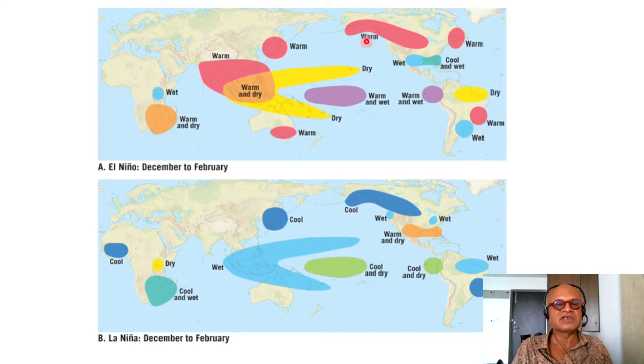And so you can see that throughout the globe there are anomalies, or what are called teleconnections, because they are connections forced from the tropical Pacific. Similarly, during La Nina, December to February, you get somewhat opposite looking anomalies. So you get wet conditions over here, cool, warm and dry, cool and dry, and so on and so forth.